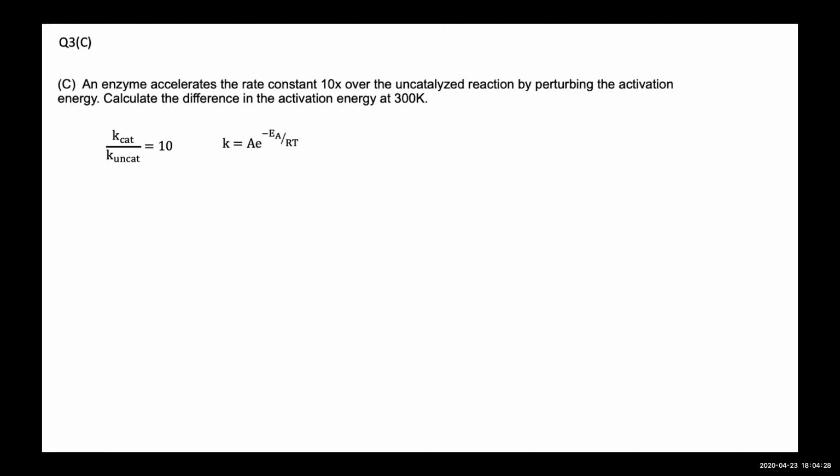And again, we have our Arrhenius equation, and we're asked to calculate the difference in activation energy, which we can write out as the activation energy of the uncatalyzed reaction minus the activation energy of the catalyzed reaction. You could also go the other way around. It'll just work out nicely if we have it this way.